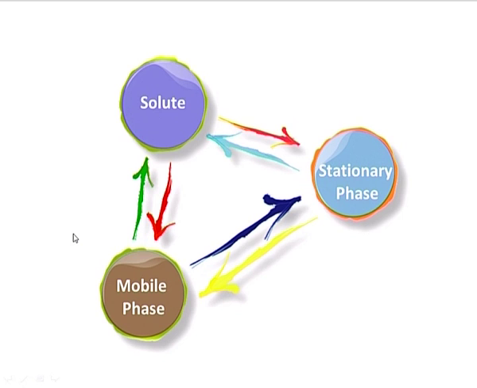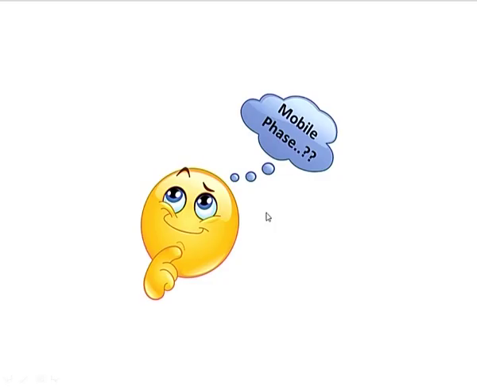What it means is that there is an effective interplay between the mobile phase and the solute, and the stationary phase, and also the stationary phase and the mobile phase. So, there is this interplay of interactions, and you cannot overlook any of the three if you would like to have your solute mixture separated in a good way. So, an eminent question which comes to our mind is, if it is so difficult, which mobile phase to pick, right?